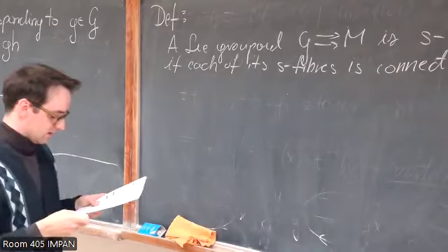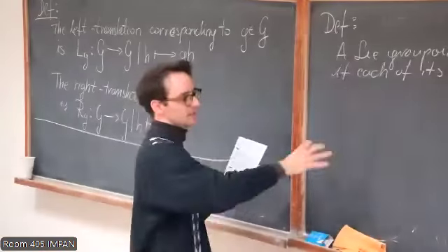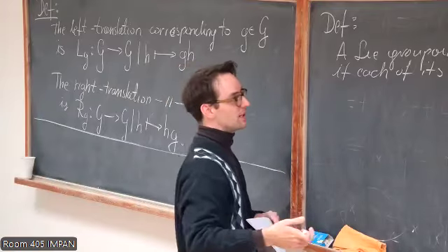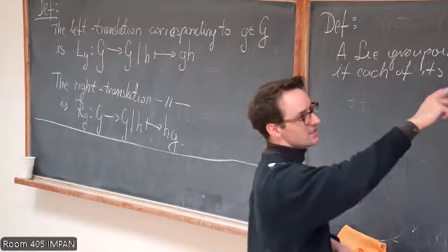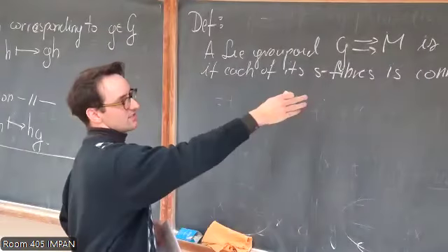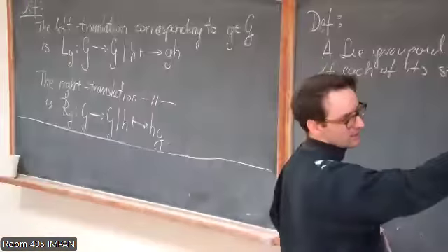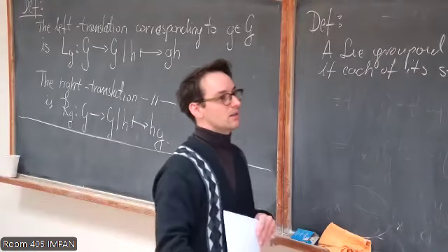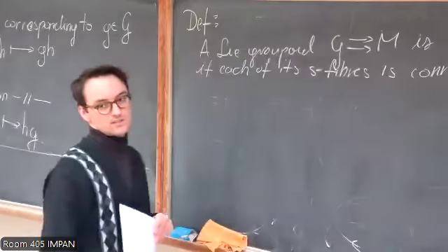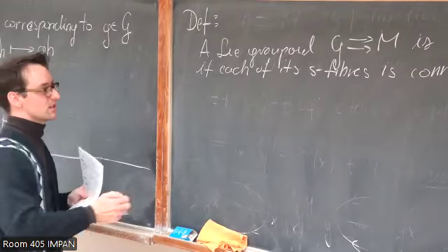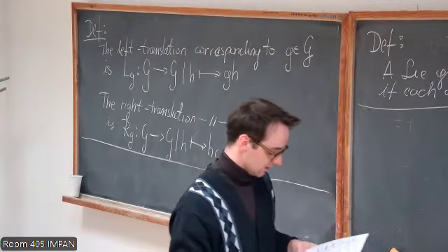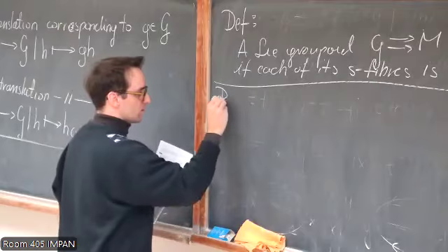And we have the same definition, analogous for any property P: we say that a groupoid is s-P if the source fibers have the property P, and the same with the target fibers, I mean t-fibers. So this is just an occasional definition.